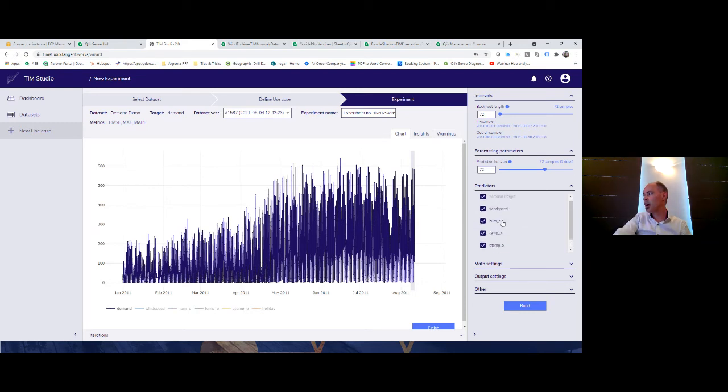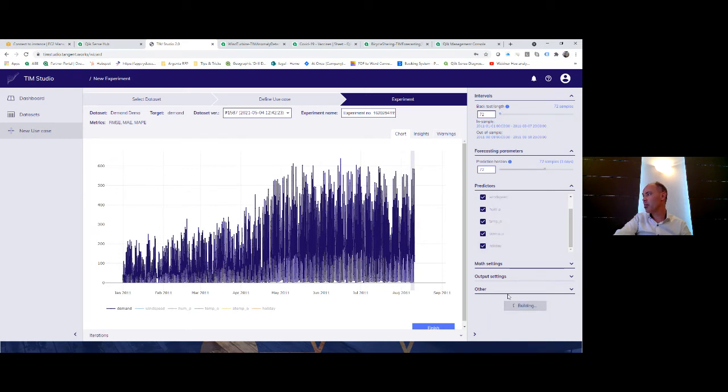I can still here select or deselect certain predictors, but again, that's not necessary because Tim will just automatically detect the importance of these predictors and adjust accordingly. So if there is a predictor that should not be taken into account, or is not really useful for the model, then it will not take it into account anyway.